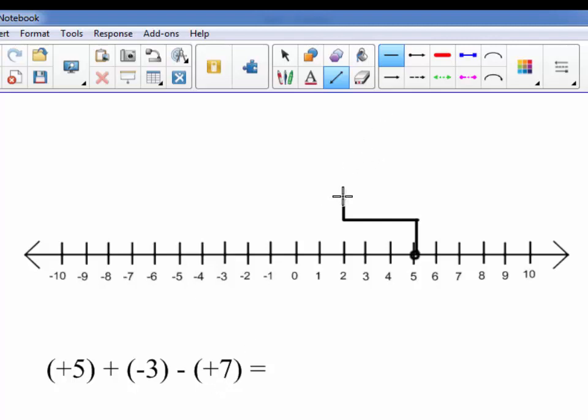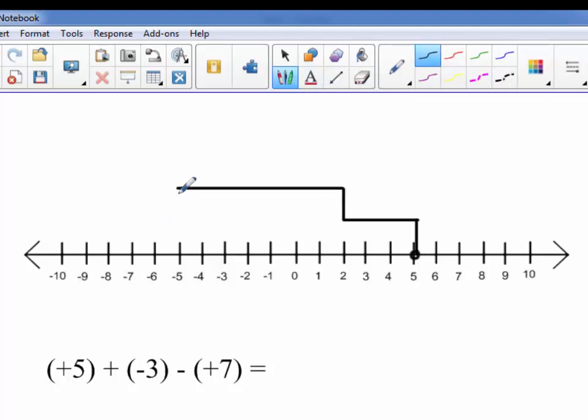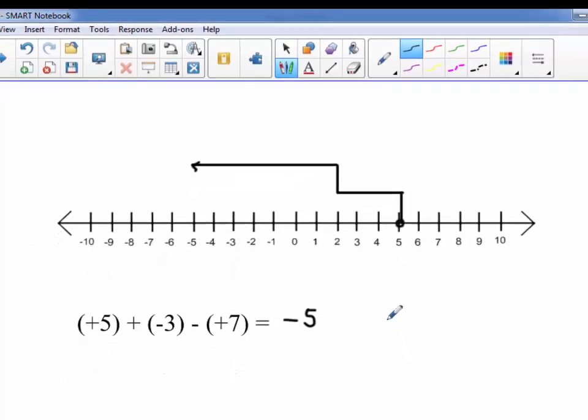So again 1, 2, 3, 4, 5, 6 and 7, and I end with the arrow, and I can write -5. It's going to be my answer. So as you can see, this is the final answer of the operation.